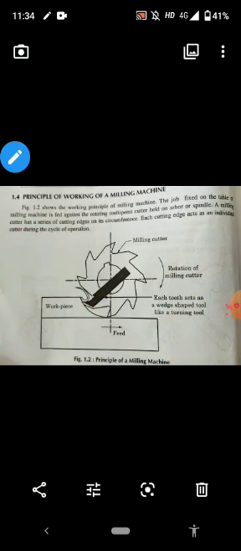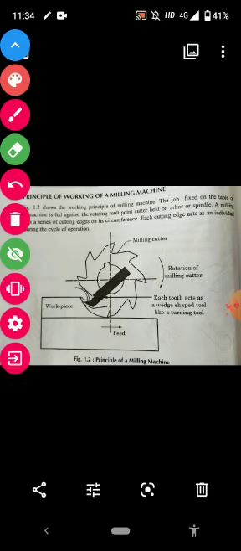The workpiece is fixed on the machine table, and a milling cutter having a number of teeth, this one, is rotating anti-clockwise, or clockwise. Each tooth of a milling cutter behaves like a single tool.